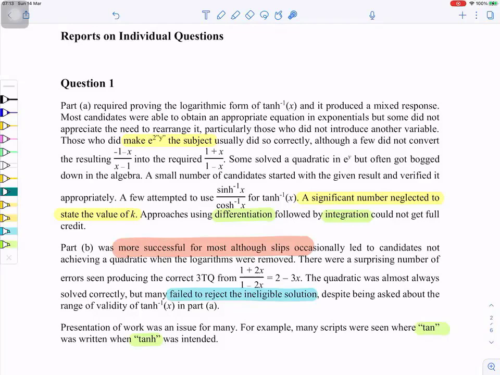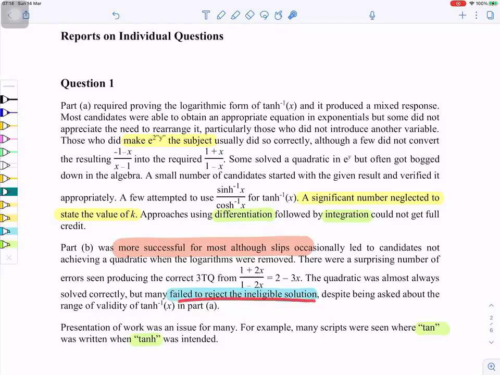But when it came to solving this quadratic, the quadratic was almost always solved correctly. So most people were solving the quadratics correctly. But where did they fail? Many failed to reject the ineligible solution. When you solve the quadratic, you had two answers. So you always have to decide whether those two answers would work. And one of them was ineligible.